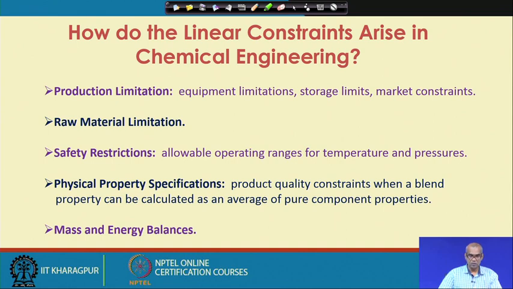Now, the physical properties of the blend can be calculated as an average of pure component properties. We often do this and linear constraints arise when you do such averaging. Mass and energy balances will appear as linear constraints.